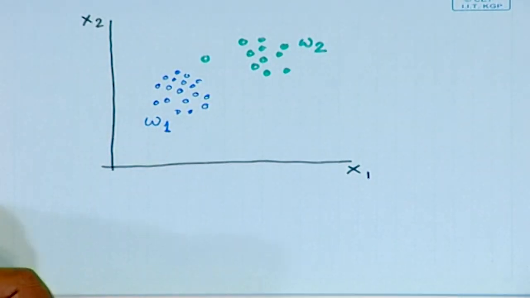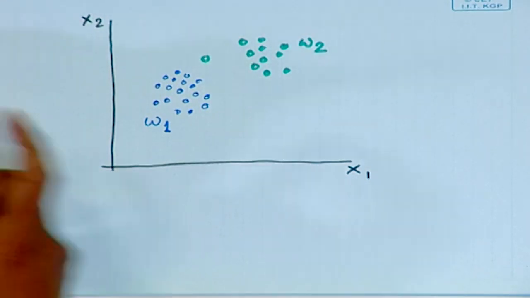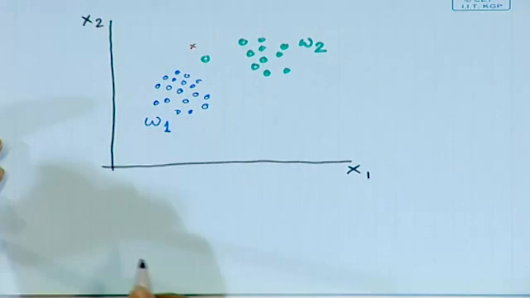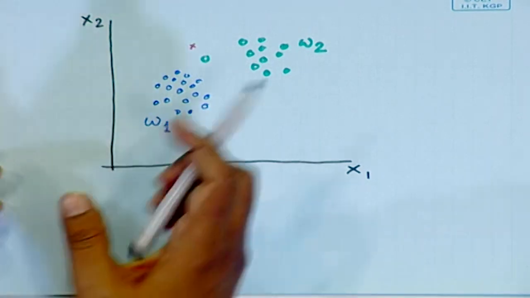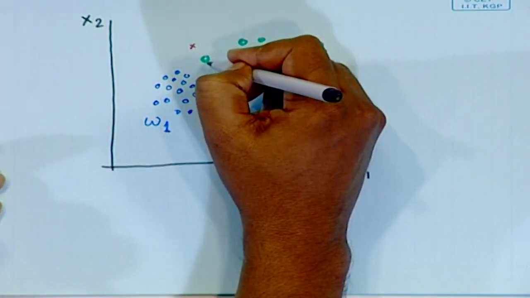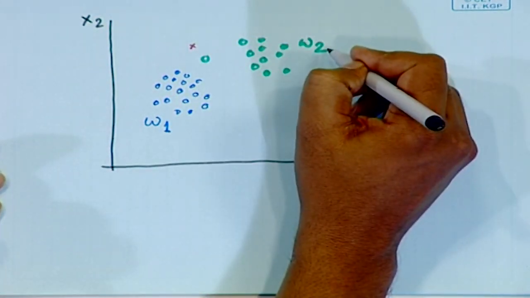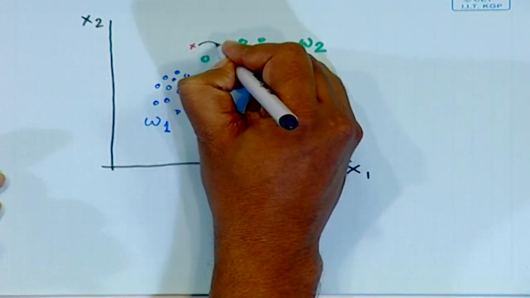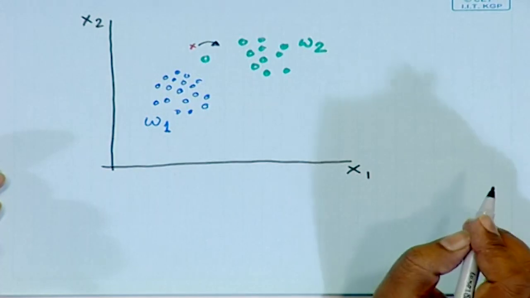And here, if the unknown sample is somewhere at this position, as before, this unknown sample will have a minimum distance from this training sample which belongs to class omega 2. So I will classify this sample to belong to class omega 2.